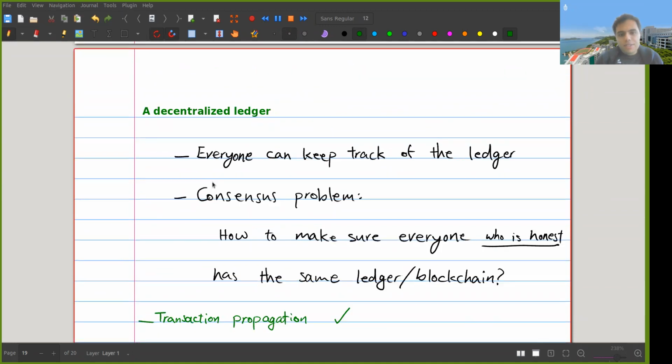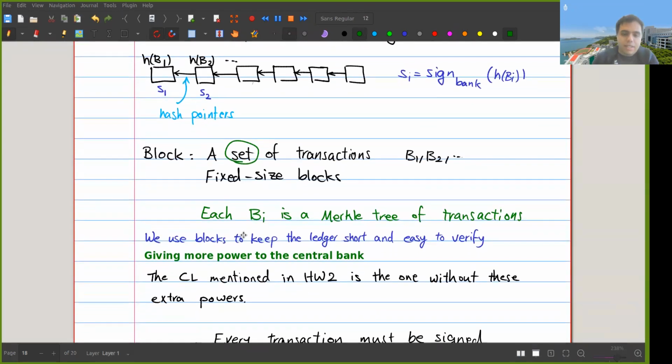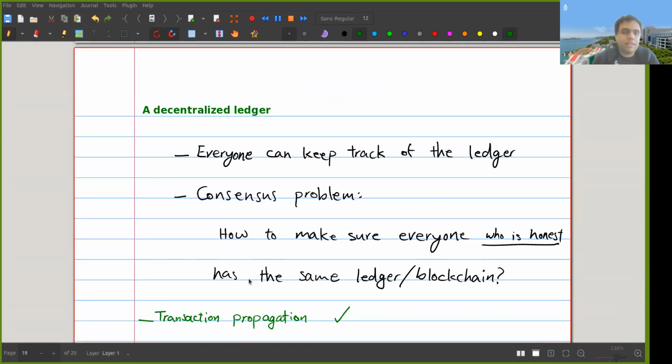It does give some level of transparency in the sense that, well, you can see the ledger, even though the ledger is controlled by a centralized authority, and you can make sure that the history didn't change or something like that. That's good, but yeah, as we will see, it doesn't give you really the same level of privacy as a decentralized ledger.